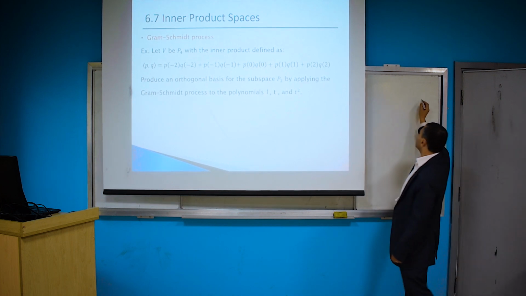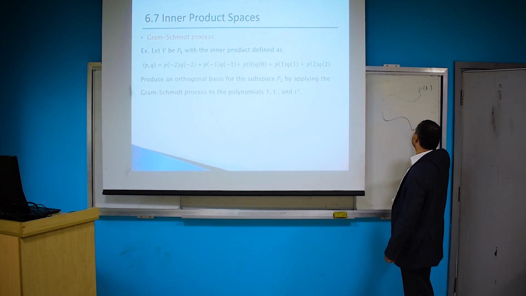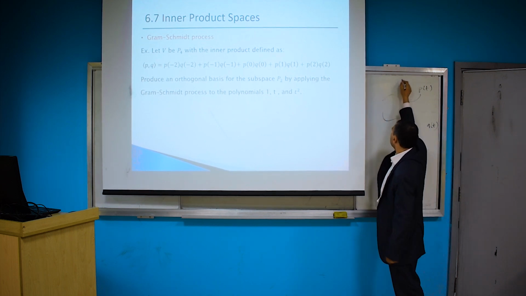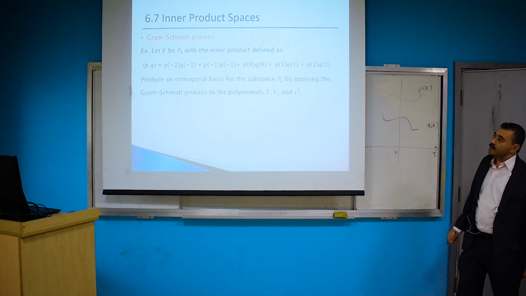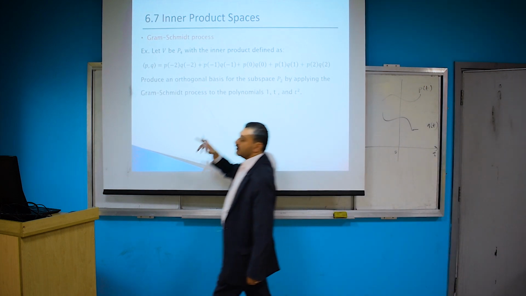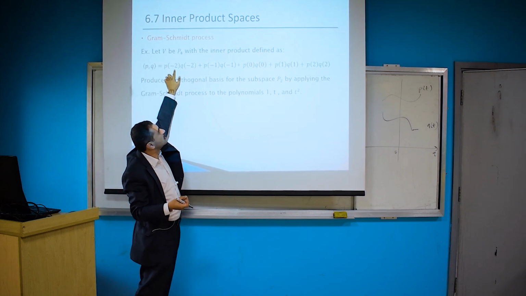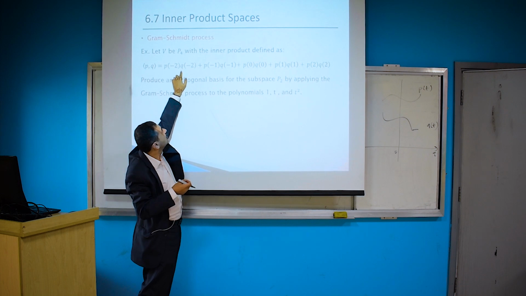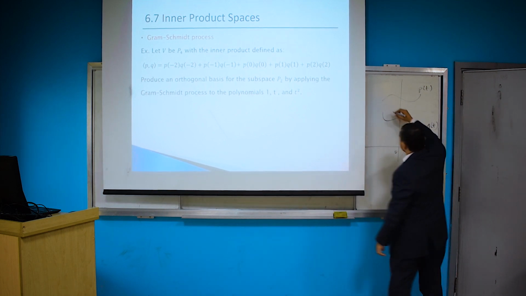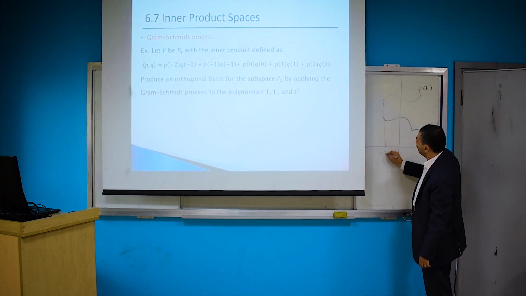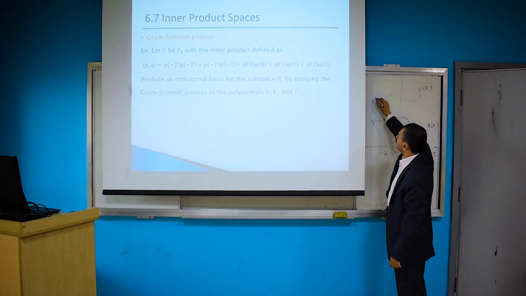What happens here is you take the value of the first polynomial at t equal -2 and multiply it by the value of the second polynomial at t equal -2. So you take -2 and find the value of q of -2 and p of -2.